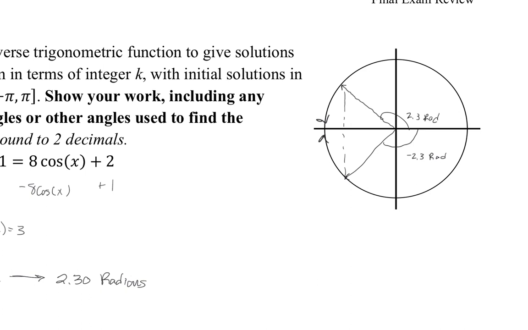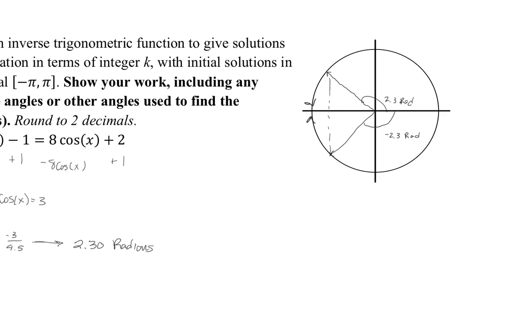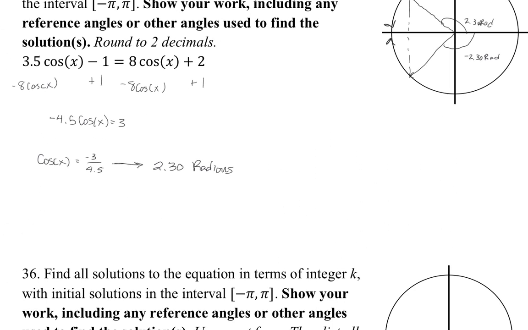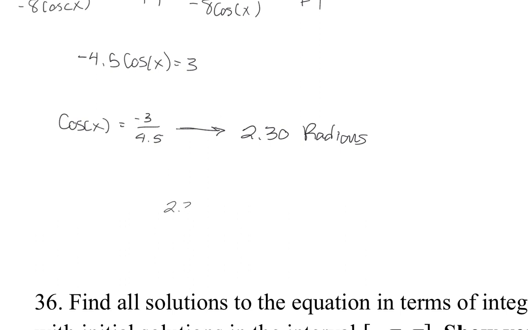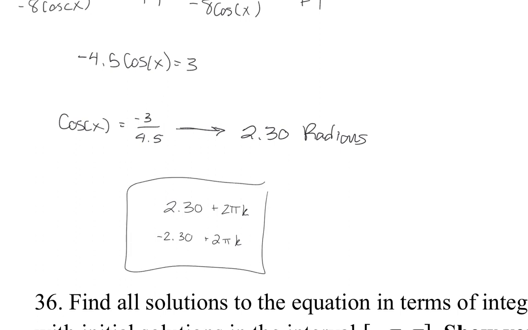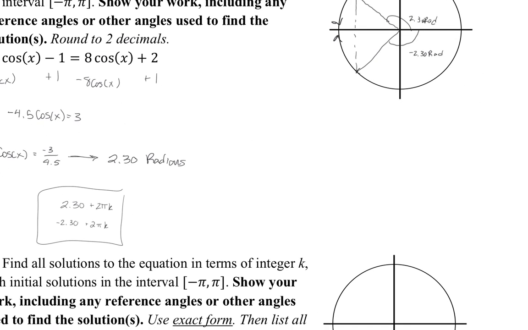So those are our two initial solutions, negative 2.3 radians and positive 2.30 radians. So now our answer is going to be 2.30 plus 2 pi k and negative 2.30 plus 2 pi k. And remember, that's just because if I go 2 pi or some multiple of 2 pi radians around, I end up at the exact same spot.